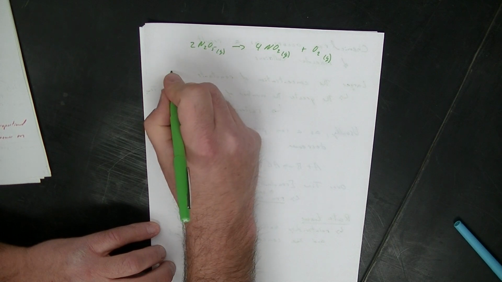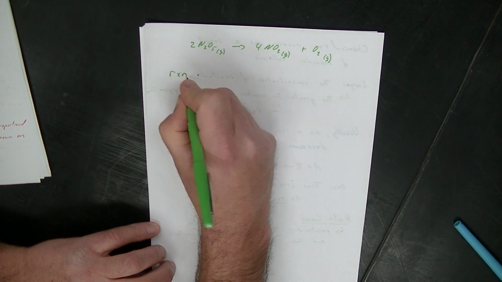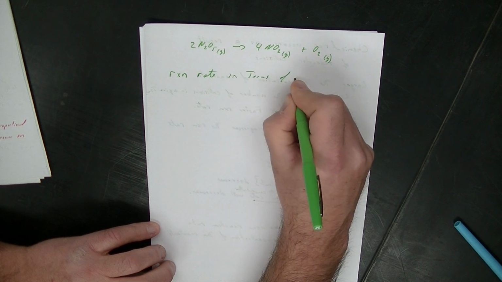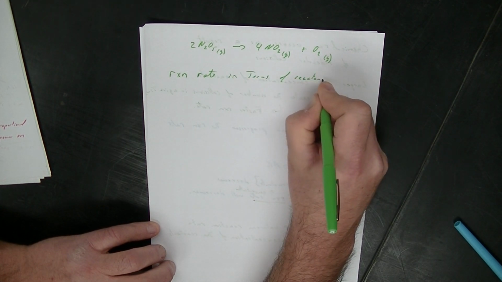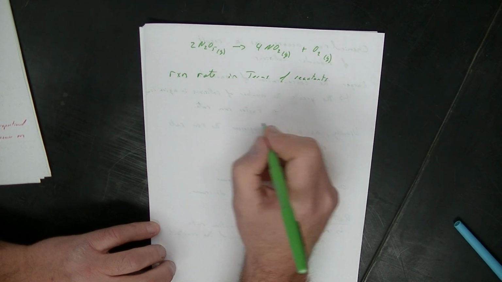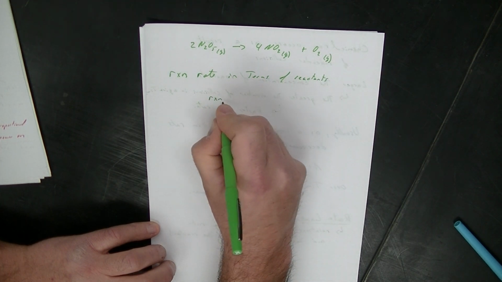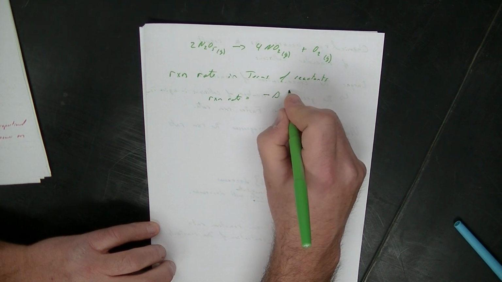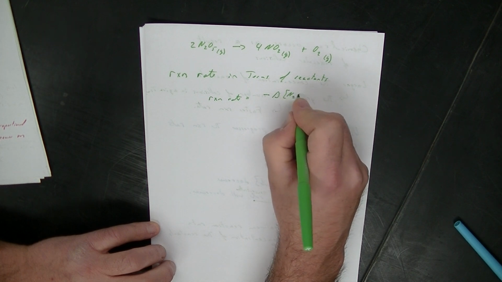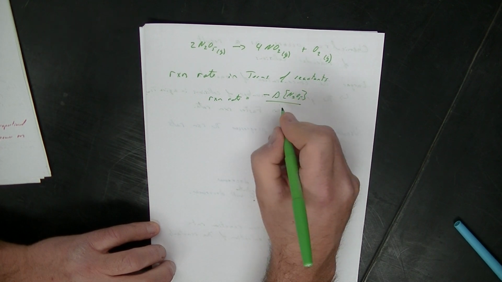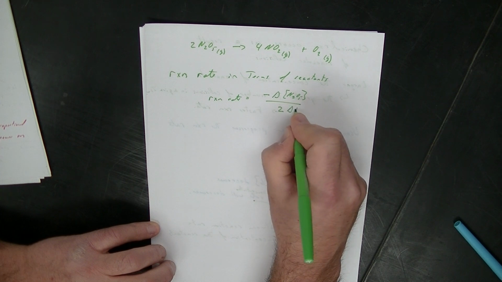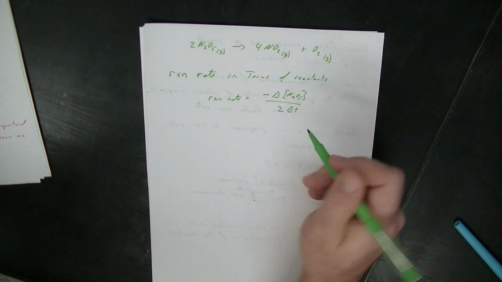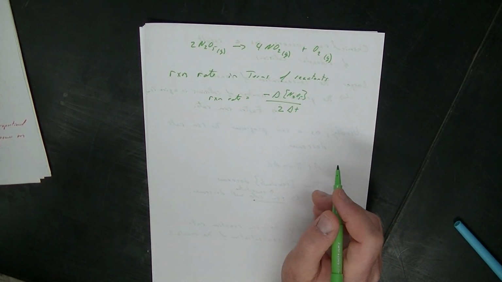Okay, so the reaction rate in terms of reactants would equal negative delta change in concentration of N2O5 over 2 delta T. Okay, so this is what we were talking about last class. Okay, so this is our reaction rate in terms of our reactants.